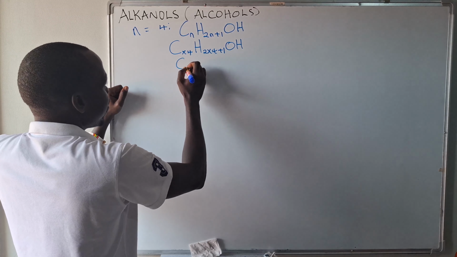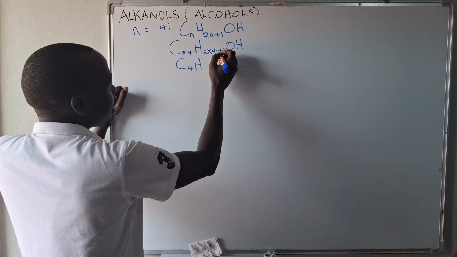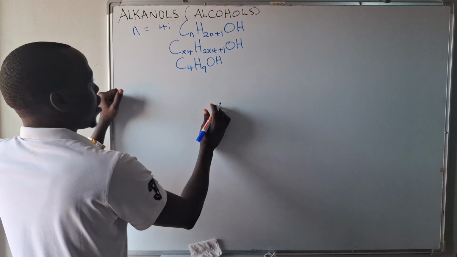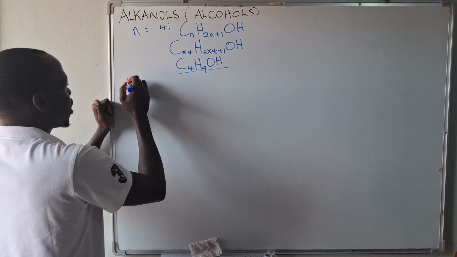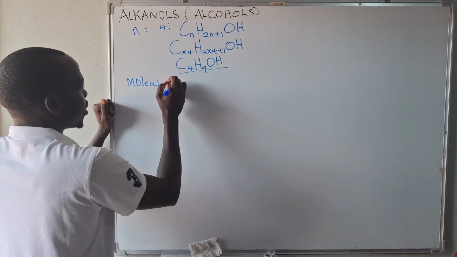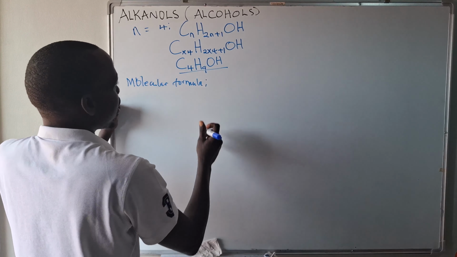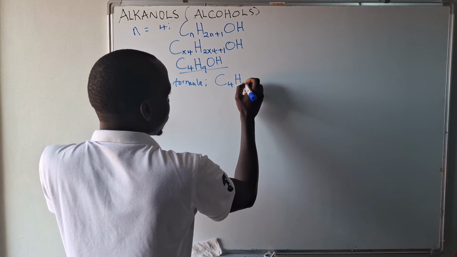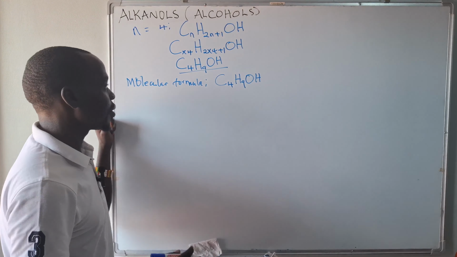So here I'll have C4, then this 8 plus this 1, 9, OH. After getting this, I'll have what we call the molecular formula. The molecular formula will remain this way.